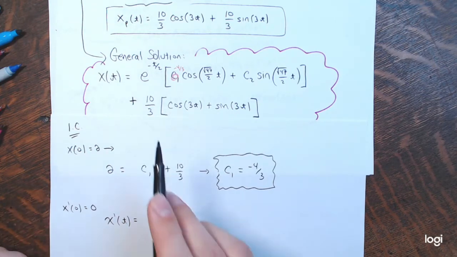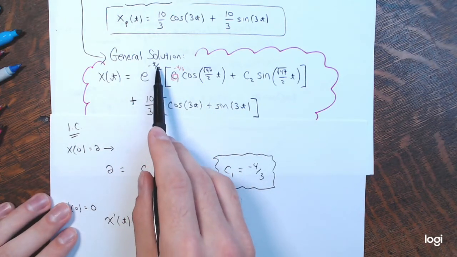So the derivative is going to be, the first one I'll do the product rule.